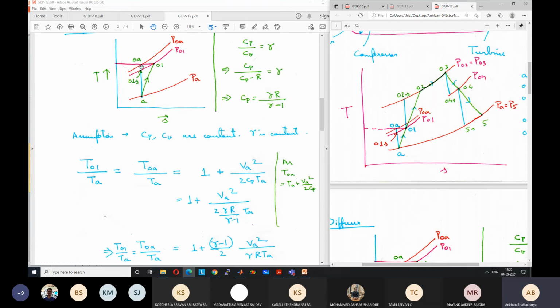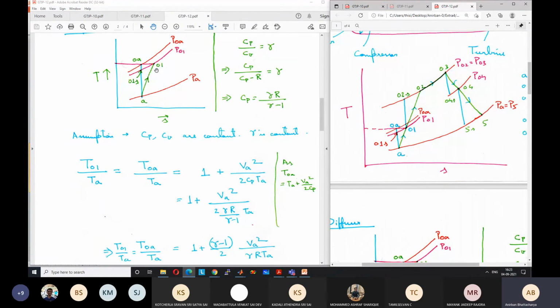But now if there are frictional losses, what happens? Some kinetic energy gets converted to thermal energy due to frictional losses. So ultimately we are not losing out on the enthalpy. Even if there are frictional losses, the enthalpy obtained at the exit of the diffuser is still equal to H0A, but the entropy will increase.